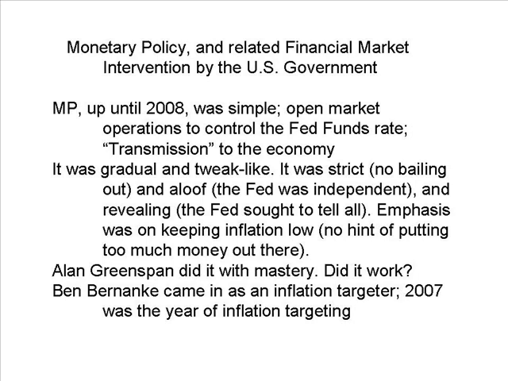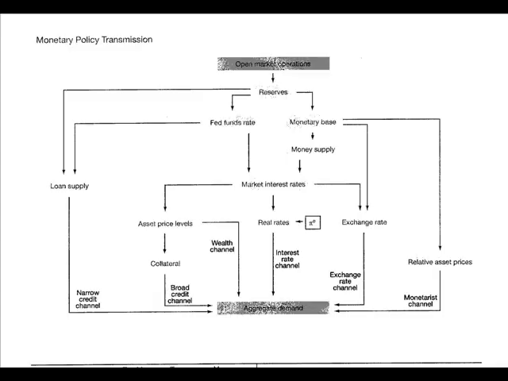And here's a picture of what's called the transmission mechanism. It's just one of many pictures, and different diagrams of this mechanism have different things. But this one's pretty typical. At the top you see the open market operations. They will affect the reserves of banks, and then so on. It will affect the Fed funds rate and the so-called monetary base, and then the greater money supply and market interest rates. And then you see it bubbles through in various what we call channels.